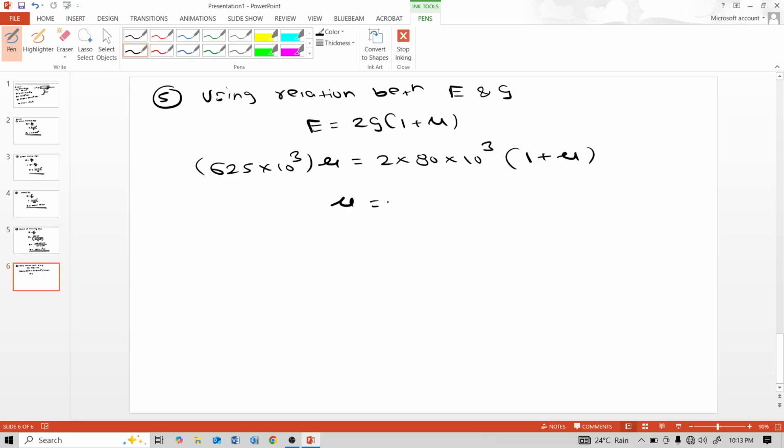See, 625 into 10 raised to 3 into mu is equal to... mu is 0.344.